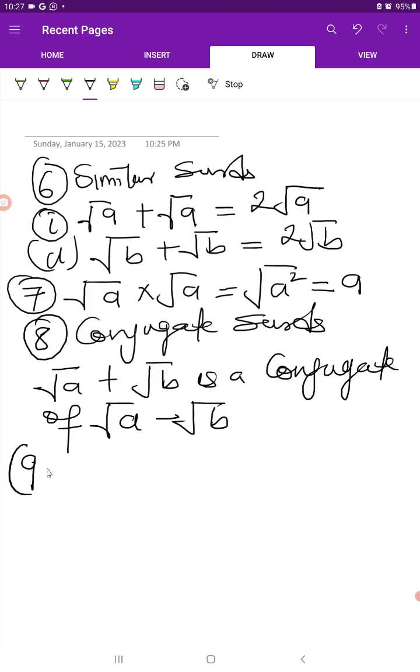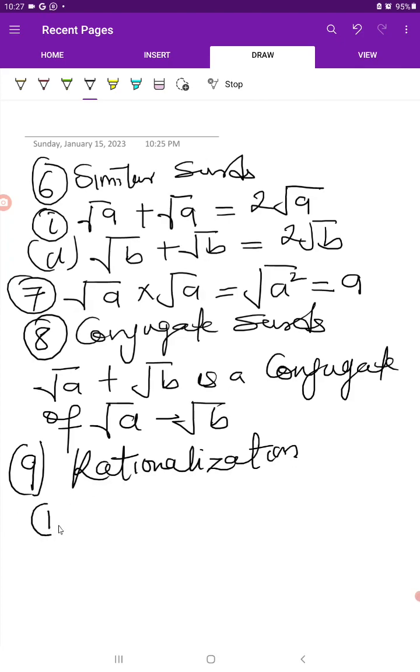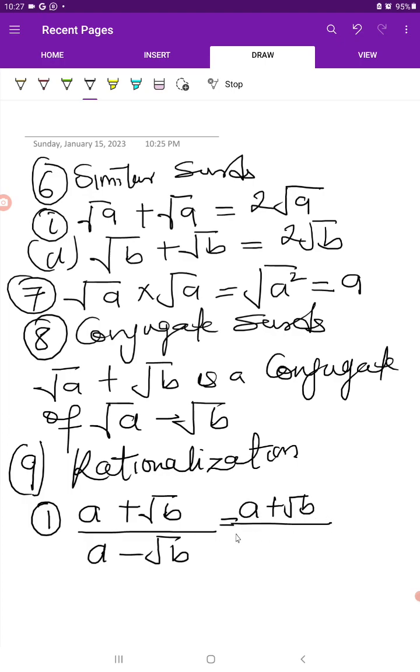The last but not the least under these rules is what we call rationalization. The first one: if you have a plus root b over a minus root b, it can be written as a plus root b over a minus root b times a plus root b all over a plus root b.